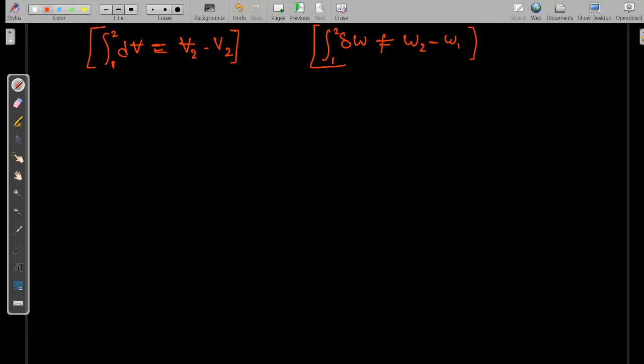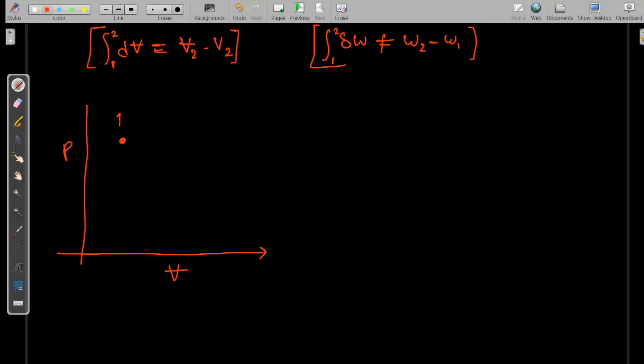Okay, then state of the system we have already defined. What do you mean by state of the system? I will not write the definition. State is any condition of the system which can be defined with the help of properties, that is called state of the system. For example, this is pressure, this is volume.